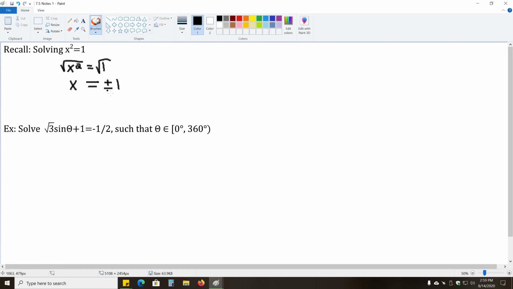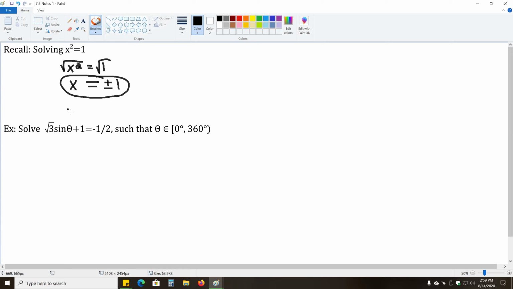Notice we have a plus or minus 1, not just 1, meaning there is more than one answer that solves this problem. The same thing is true for trig functions.